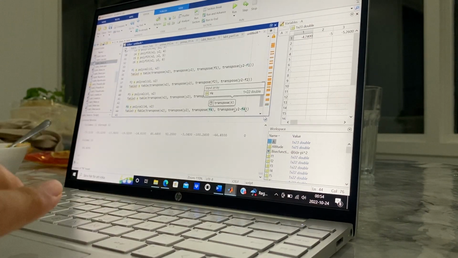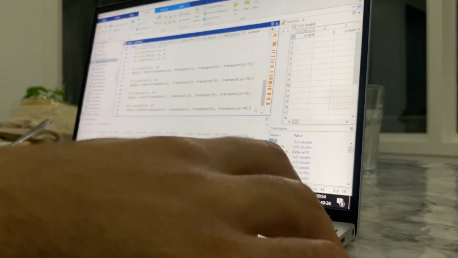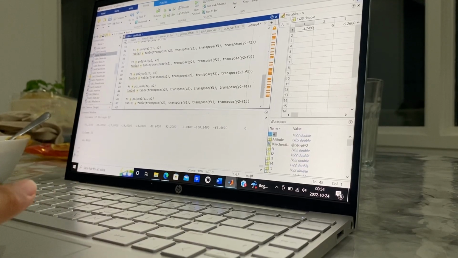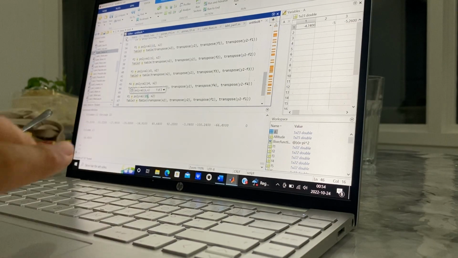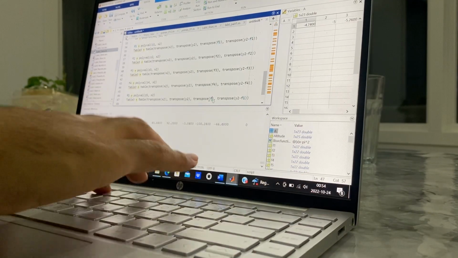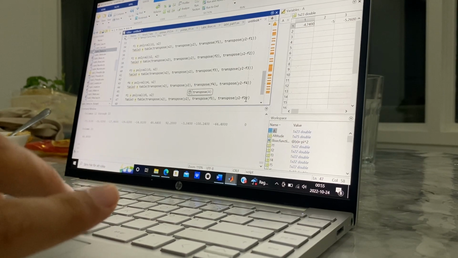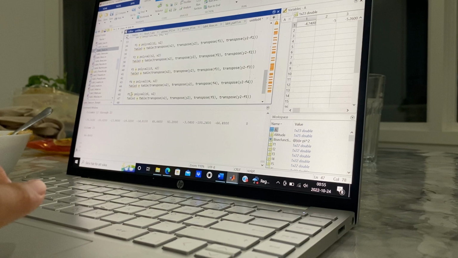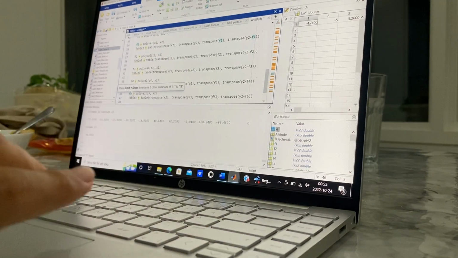This is the f4. This is z5, and this is the f5. And this is also f5.